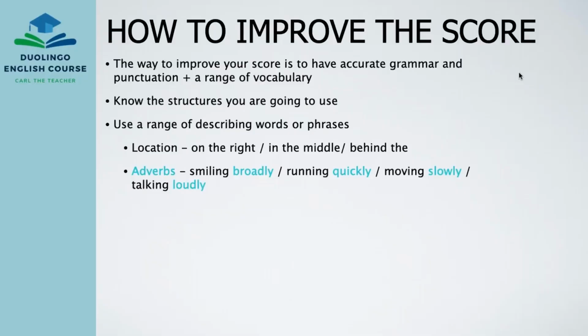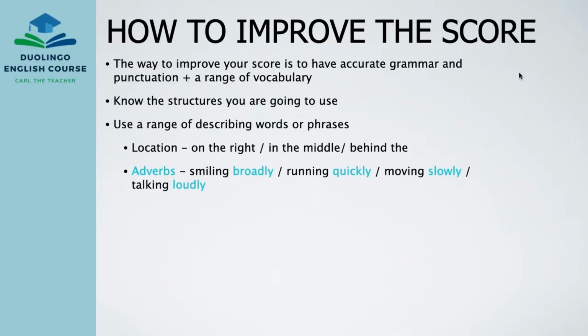Running quickly. Not something I can do very well. Moving slowly. That's more me actually. Or talking loudly. Talking quietly. Depends. What do you think's happening in the picture? You can add some adjectives to the nouns that you see. Happy child, angry teacher, expensive car, large ship. All of these will help to show a range of vocabulary.